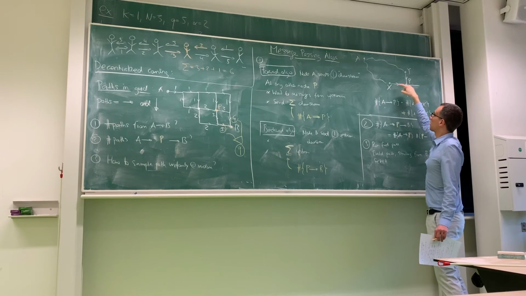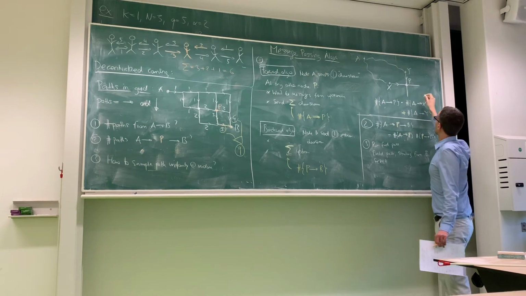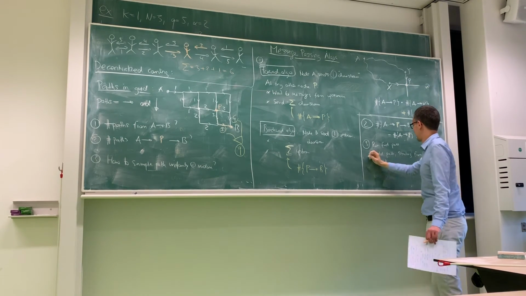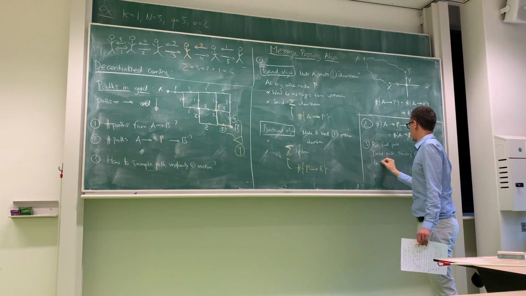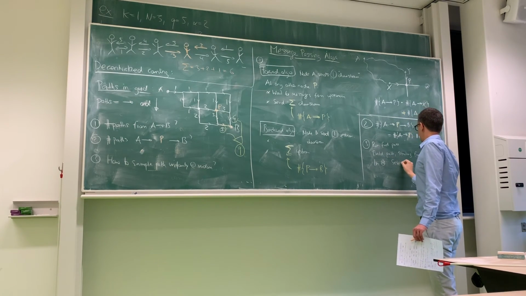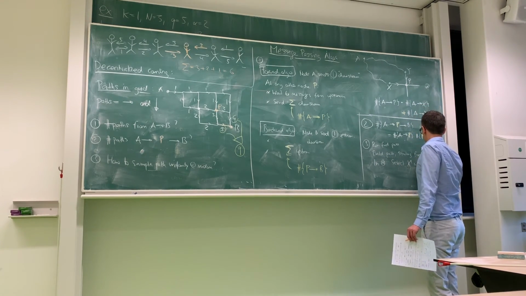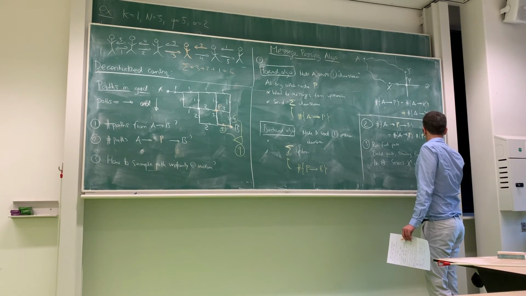If I'm at P, I want to select X or Y. So in this situation, in situation star, you would select X with which probability?